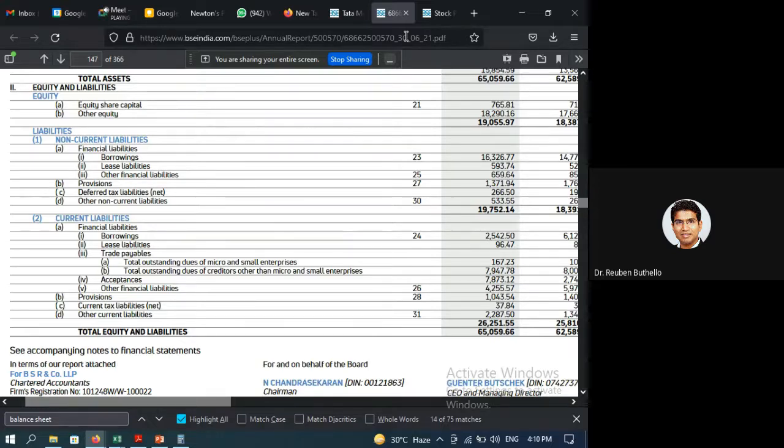How many crore is it? 765.81 crore. Where do you see 12? Yeah, equity. What is my equity? So my total equity is 90,000 crore.